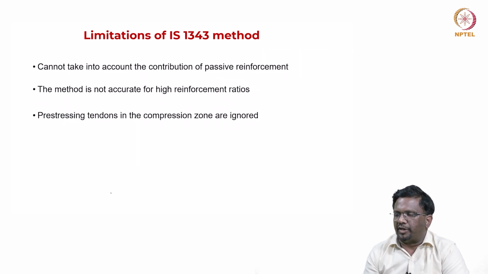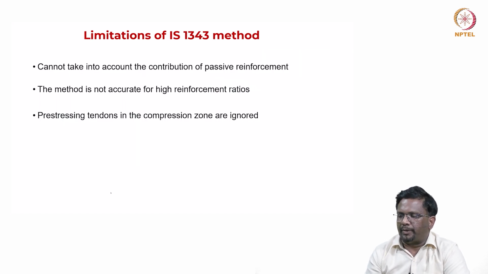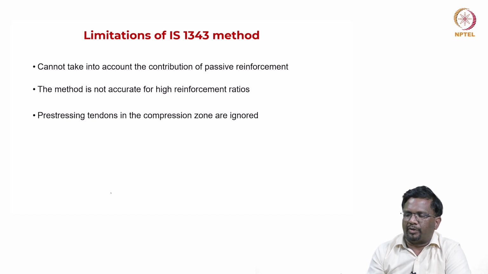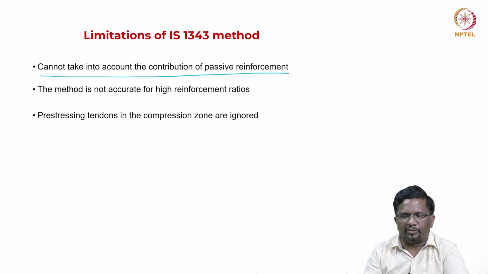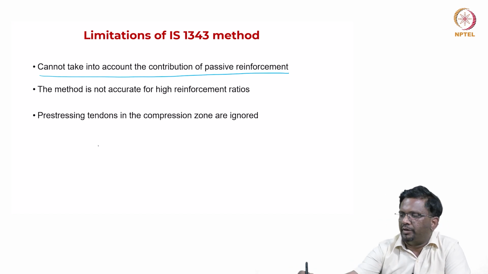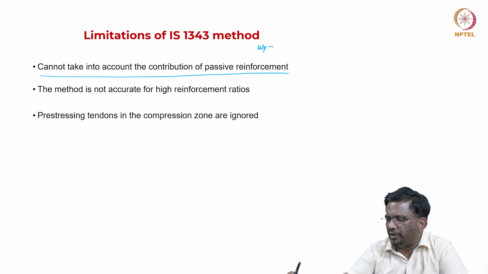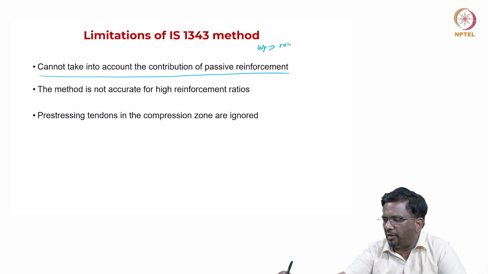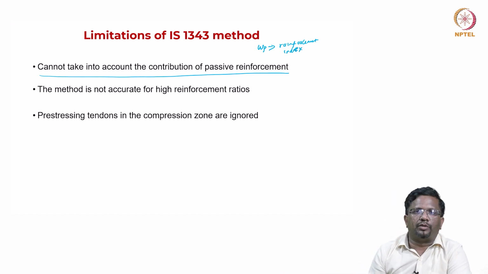Now, what are the limitations of the IS 1343 method? If you look at the approximate method, it cannot really take into account the contribution of passive reinforcement. The table gives you a value based only on WP, the reinforcement index based only on pre-stressing steel.